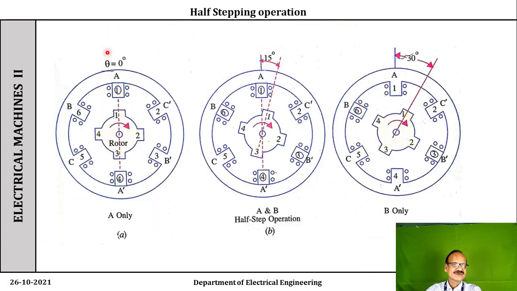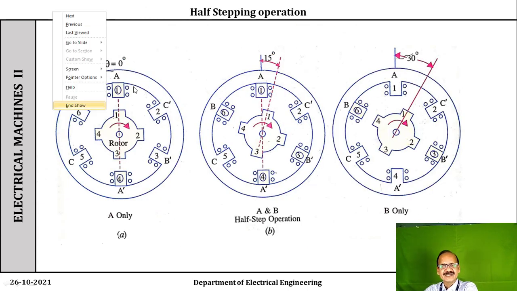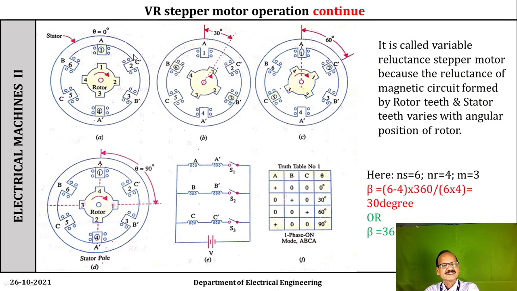Now if you look at the first figure, pay attention here. The outer is the stator, and it is made up of steel laminations. It may be either single stack or multi-stack. Here it is a single stack. It has 6 projecting poles, 1, 2, 3, 4, 5, 6, on which exciting coils are wound.